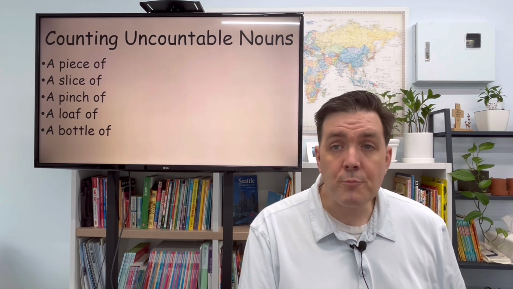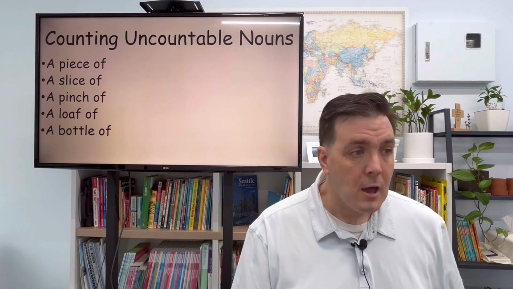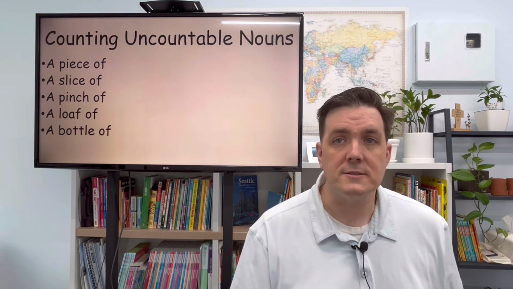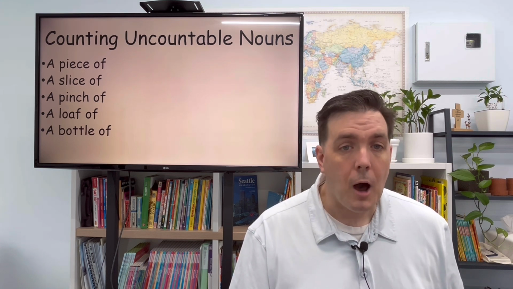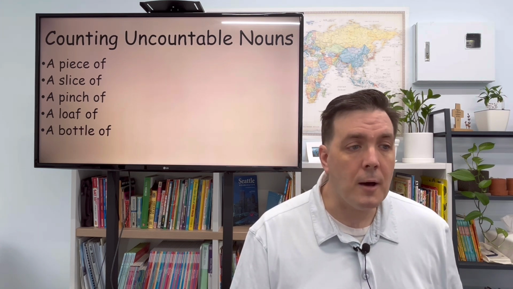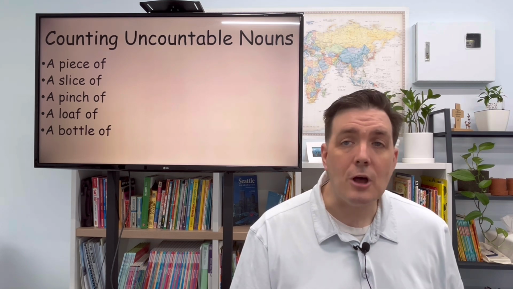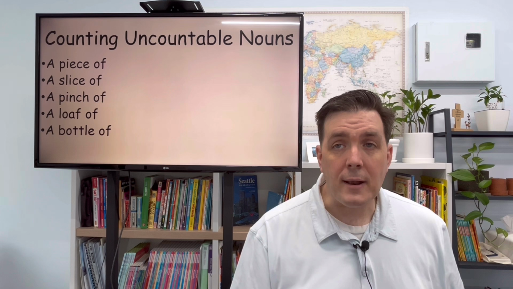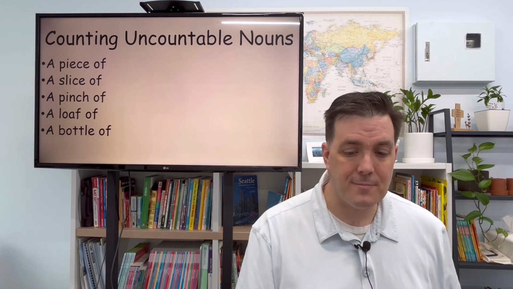A loaf of bread, of course, is much bigger than a slice of bread. A bottle of what? A bottle of Coke, a bottle of Pepsi, a bottle of hand sanitizer. Hand sanitizer is an uncountable noun, but I want to buy 2 bottles of hand sanitizer.